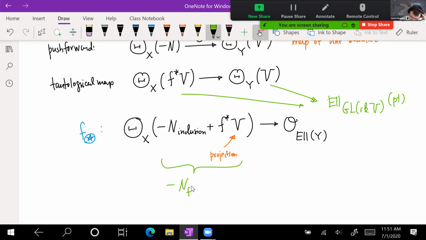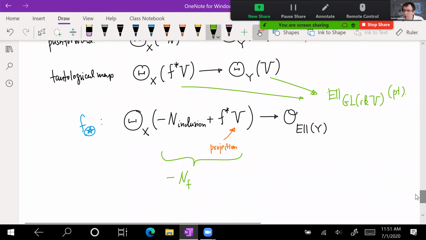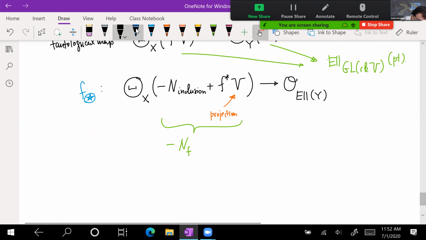This is the normal bundle to a map. It corresponds to the notion in algebraic geometry, where the normal bundle for a map is defined using the graph of the map. If you think of what's happening here, it's exactly that. So that's the definition.